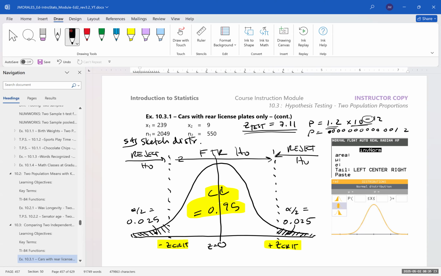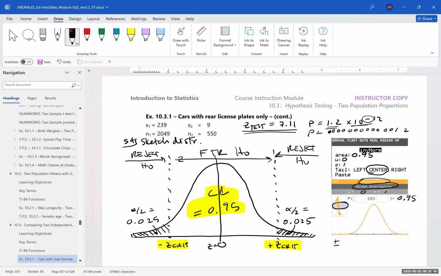So we're going to have an area of 0.95 with a mean of 0 and a standard deviation of 1. And we're going to look at the area in the center. With the NumWorks calculator, distributions app, normal distribution, mean of 0, standard deviation of 1, area in the middle, and an area of 0.95.